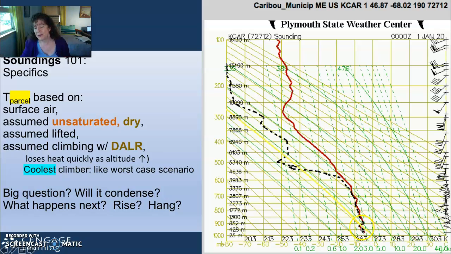After it condenses, which is when the dew point meets our calculated parcel temp rate right here, after that, it will climb at a moist adiabatic lapse rate. Now, you might have a hard time seeing it here, but this lapse is a bit gentler than the lapse above it, which is a bit steeper.